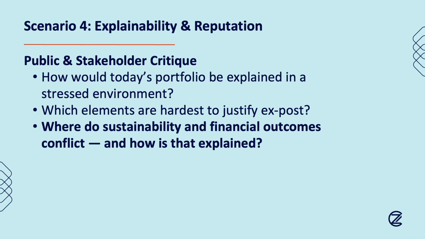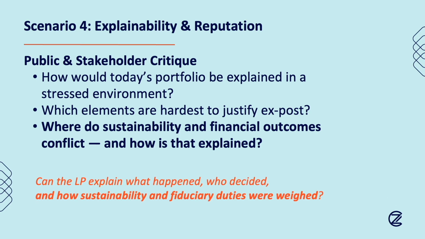And how is that explained? How can you explain this today? So can basically the LP, the investor, explain what just happened? Who decided, who made that decision to make that investment many years ago, and how, for example, sustainability and fiduciary duties were weighed against each other.